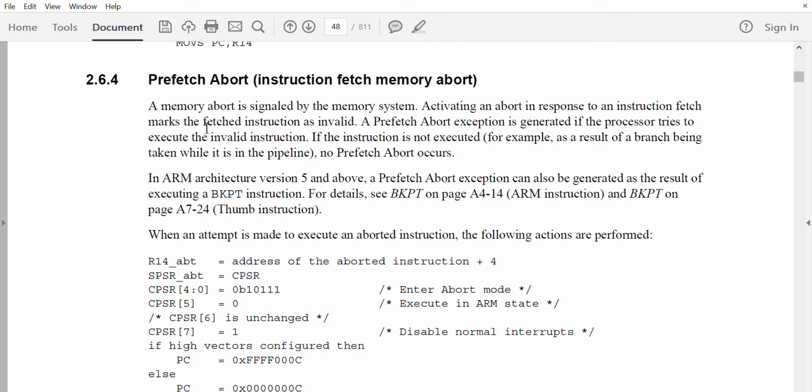And if the processor tries to execute this fetched instruction, which is treated as invalid, then a prefetch abort exception will happen.